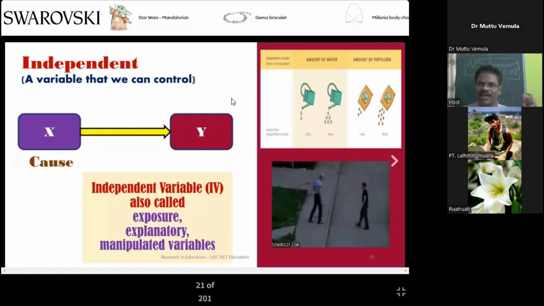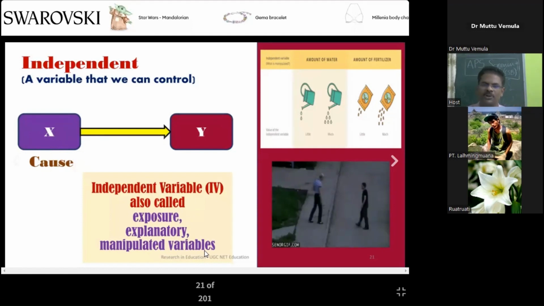So in an experiment or in a research study, the cause, what we introduce, what we control, what we choose, is the independent variable. For example, look at here, independent variable is also called exposure, explanatory, manipulated variable. Now let us take, when you study the impact of multimedia based teaching, normally in an experimental study you will have two groups, right?